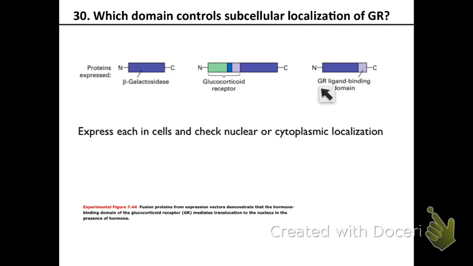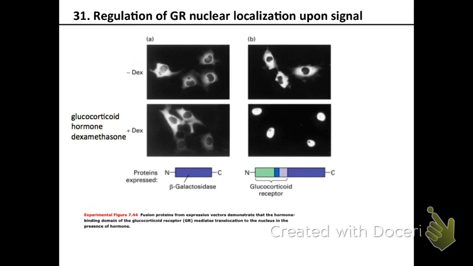And then here, you can take a domain of the glucocorticoid receptor and fuse it to the beta-galactosidase. So this is the domain you're going to test. Is that domain controlling the subnuclear localization? And now you can express each of these in cells, and upon the hormone addition, you can look at the nuclear or cytoplasmic localization of the protein.